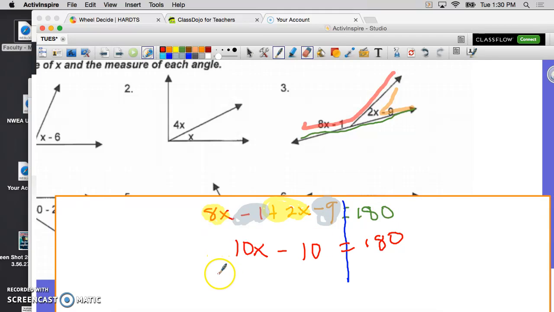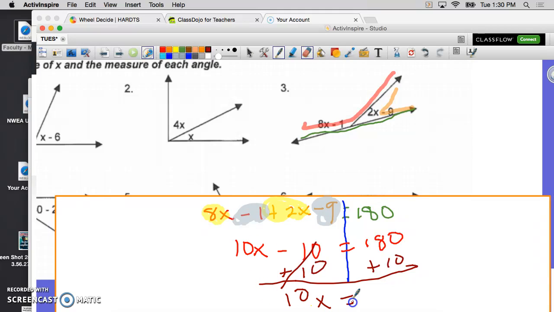Again, my job is to get x by itself. I'm first going to do the adding and subtracting part. I see a -10, so do the opposite of what you see. That cancels out, which was the point. Bring down your 10x equals 180 plus 10 is 190.